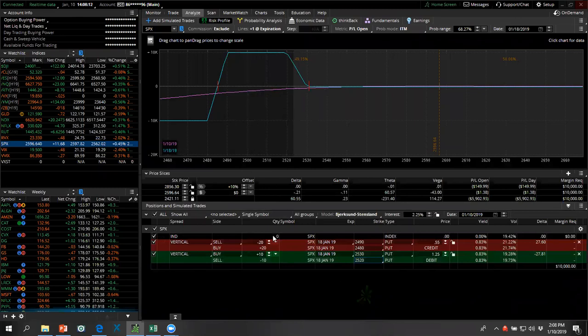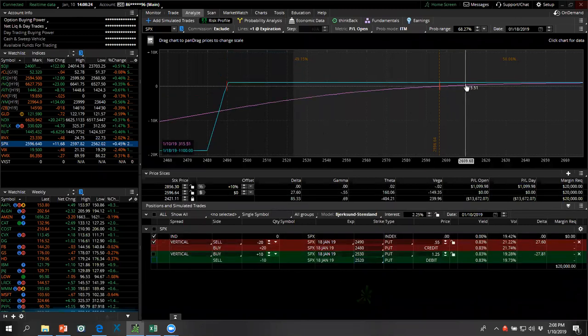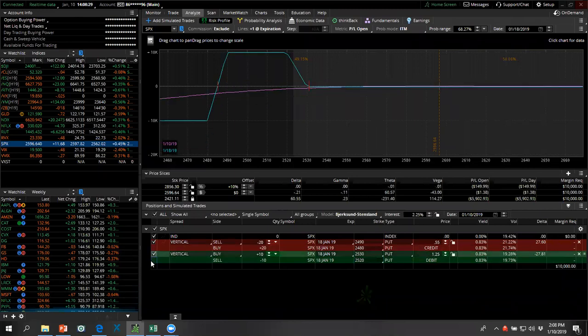And so I've stayed in the trade, I've reduced my margin, and I still have profit potential. And up here, I have only $150 loss to the upside. Now before, I had $1,100 profit anywhere to the upside. That's the trade-off or the downside of this. But I have cut my risk in half.